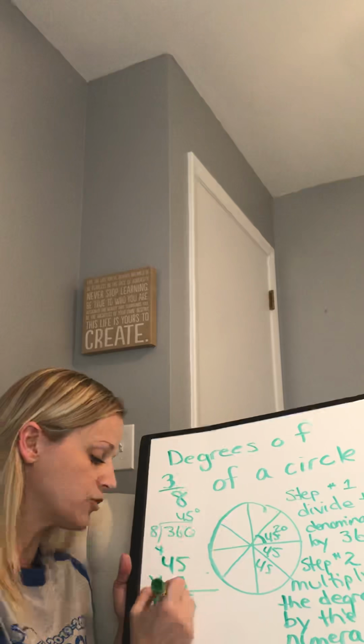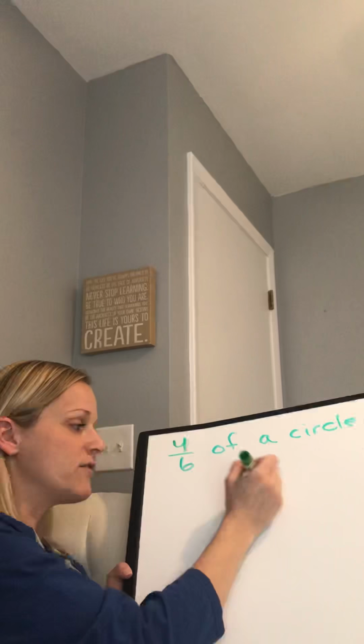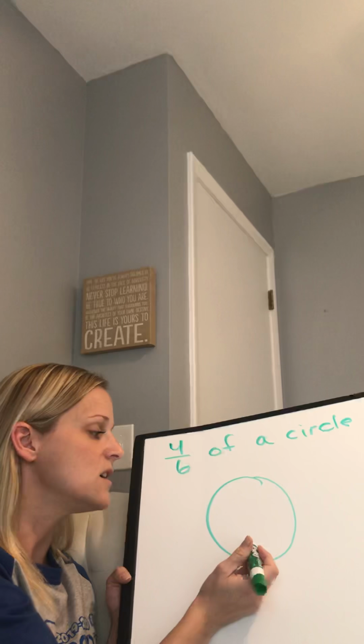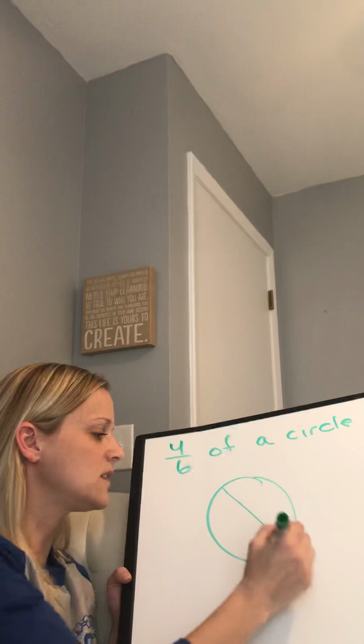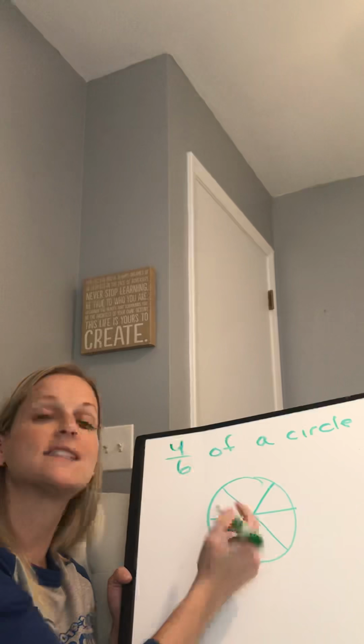So what is the degrees of, let's do 4/6 of a circle? So remember, we have a circle now, and now it's going to be cut into 6 equal pieces. So we're only going to have 6 equal pieces: 1, 2, 3, 4, 5, 6.